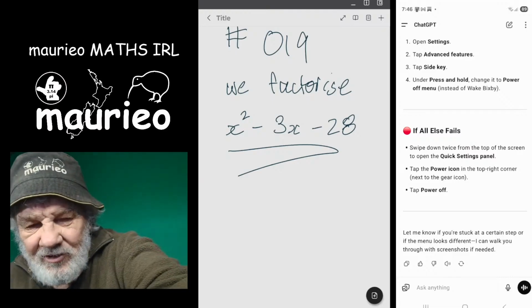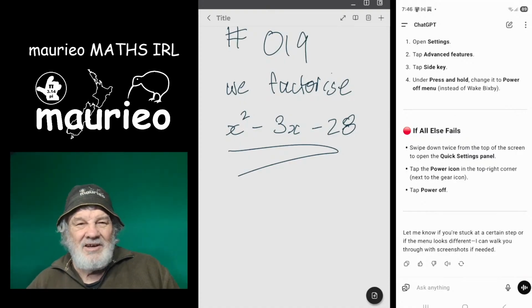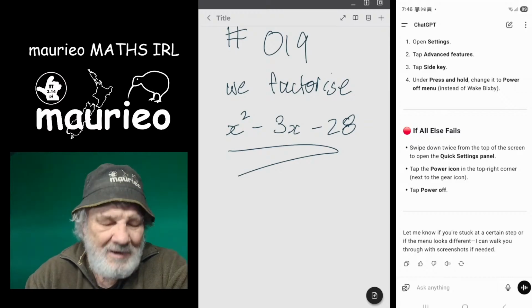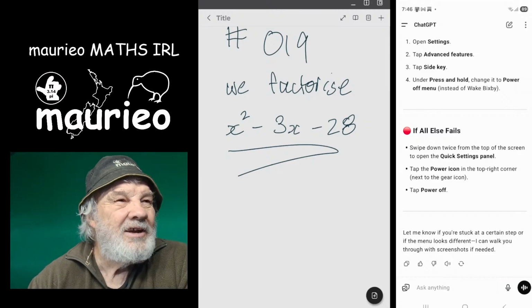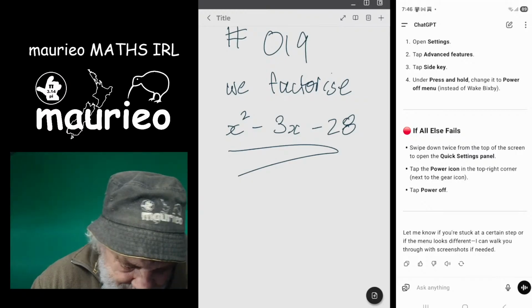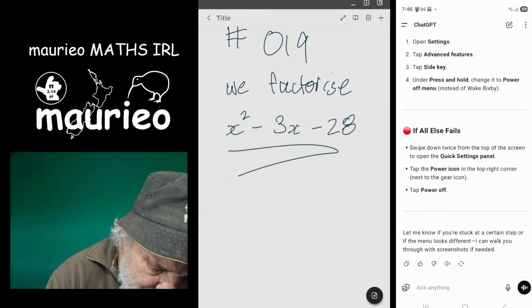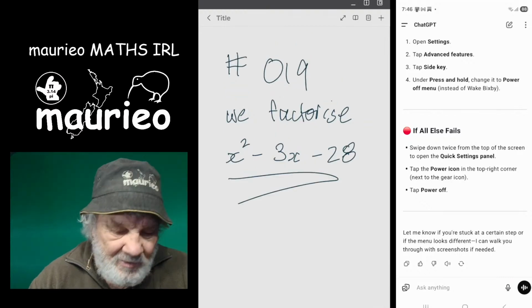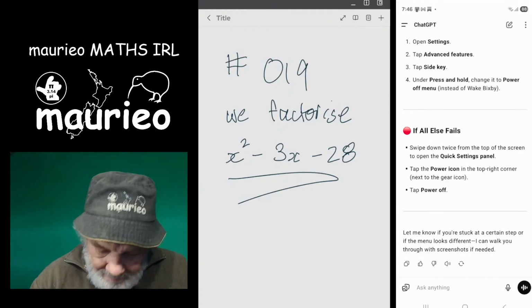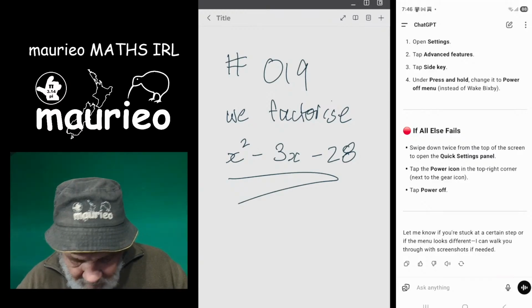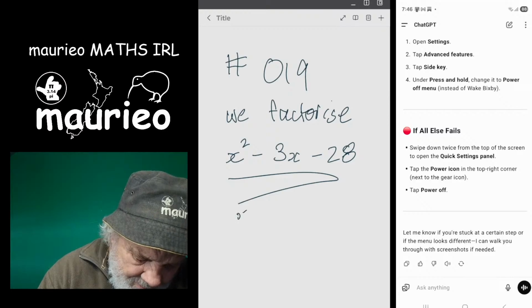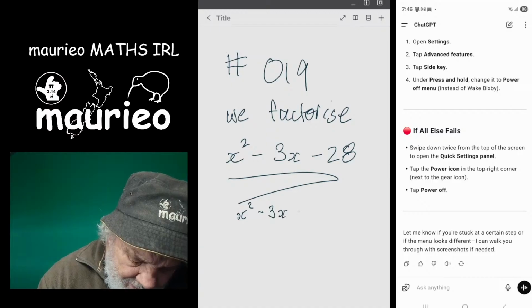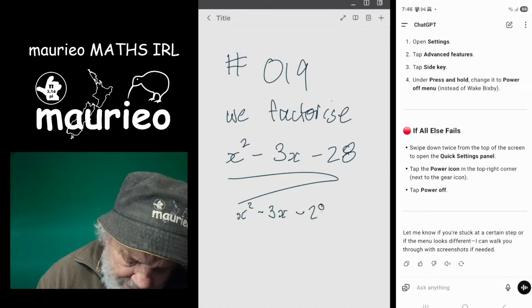Okay, so when I left the last show a couple of nights ago, we had this one here. It was x squared minus 3x minus 28.